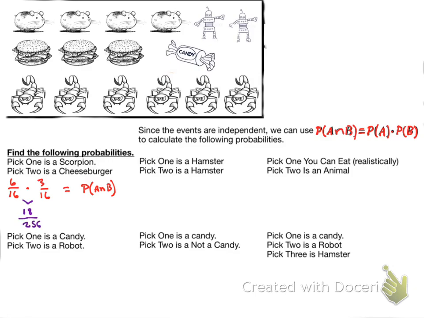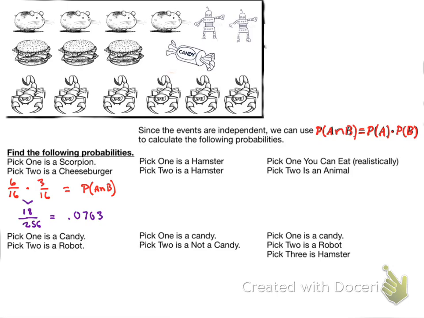So for probability, I'm looking at 18 over 256. That's about a 0.0703 chance that pick 1 is a scorpion and pick 2 is a cheeseburger.